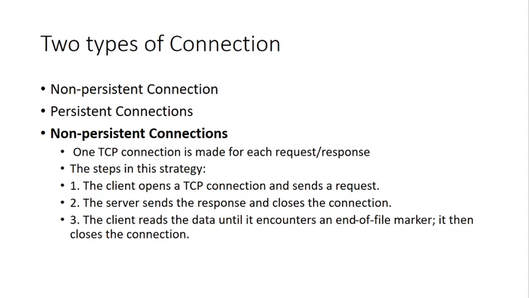This means that if a file contains links to, let's say for example, 7 different objects, that means the connection must be open and close for 7 plus 1 times, that is 8 times. For this purpose, the non-persistent strategy imposes high overhead on the server because the server always needs n plus 1 different buffers each time a connection is open.